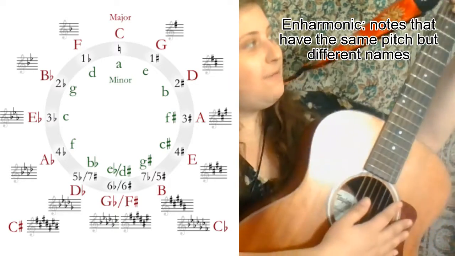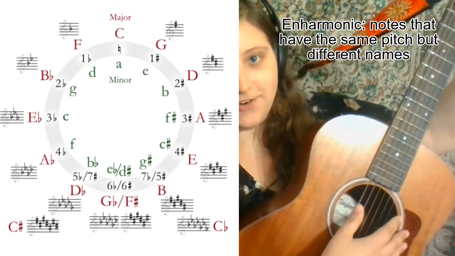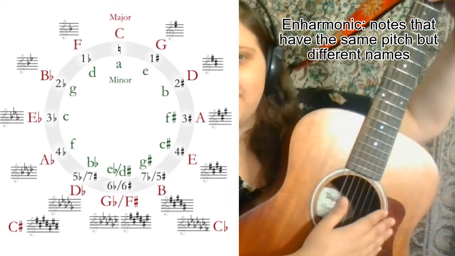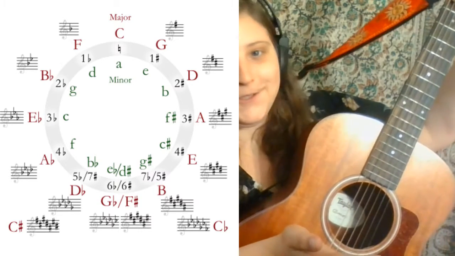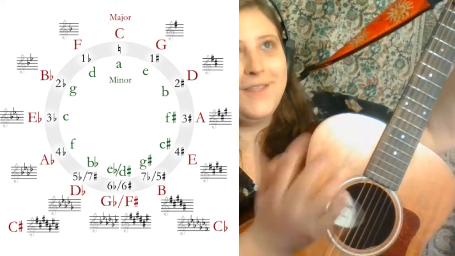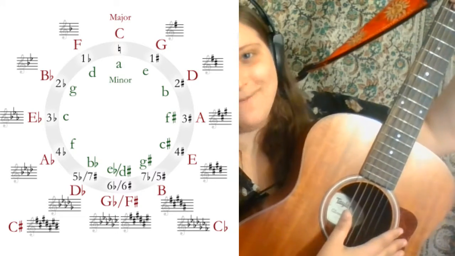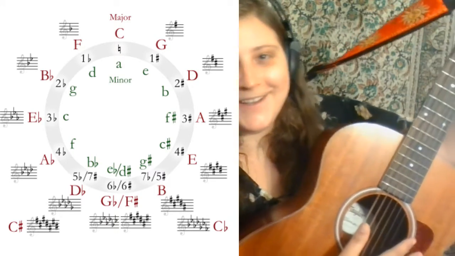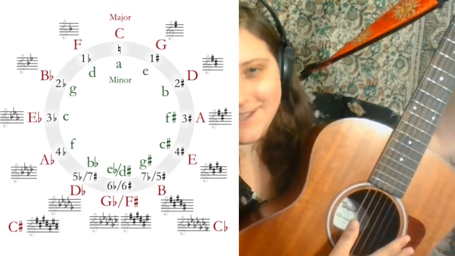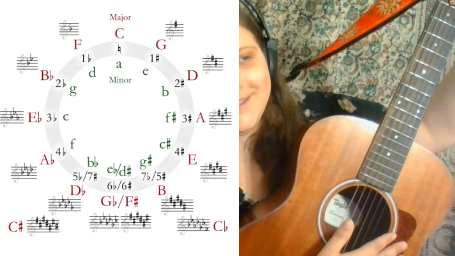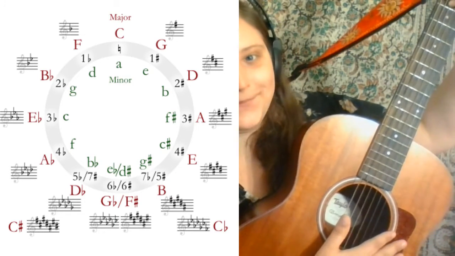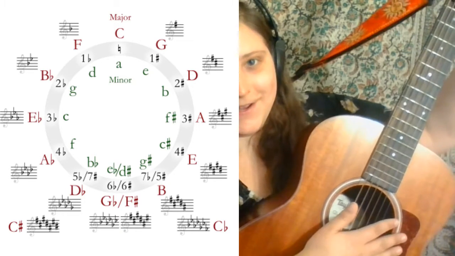So today we're just going to describe the F sharp major scale as F sharp. But can you think what other scale also has the same name? What's the enharmonic scale to F sharp major? What's the one that sounds the same that has a different name? It's in the picture of the circle of fifths.